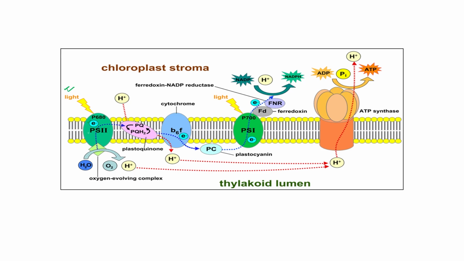This transfer of electrons from one carrier molecule to another is known as light reaction, in which photosystem 1 and photosystem 2 actually participate.